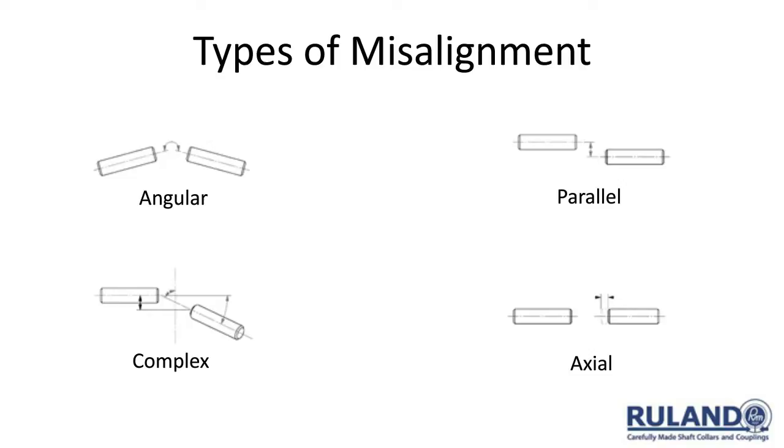And choosing the right coupling that has axial misalignment to accommodate thermal expansion of your motor shaft is important. Most of the flexible couplings do accommodate some axial misalignment, but rigid couplings do not accommodate axial misalignment.